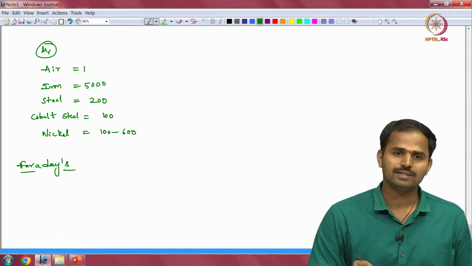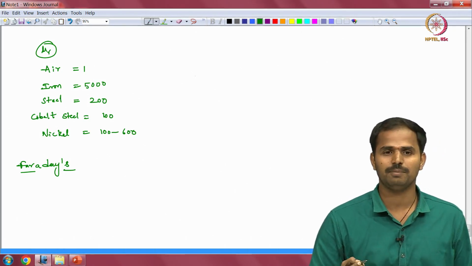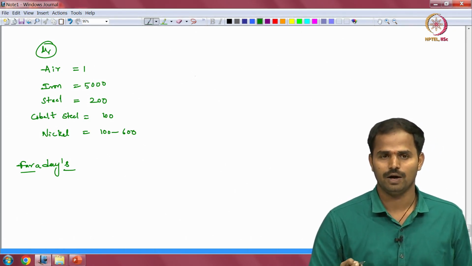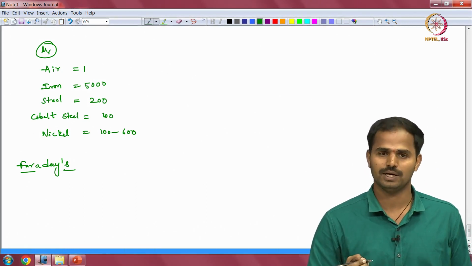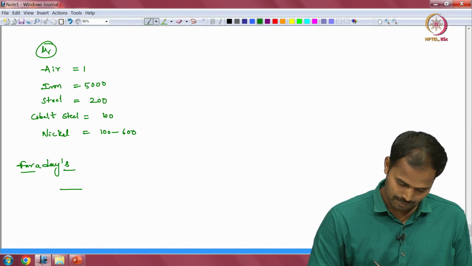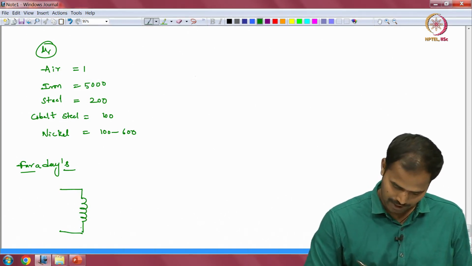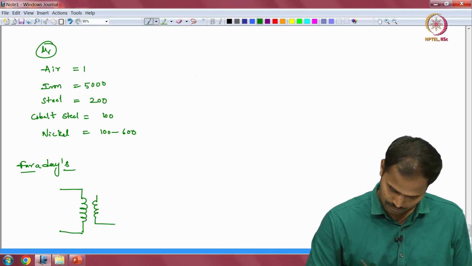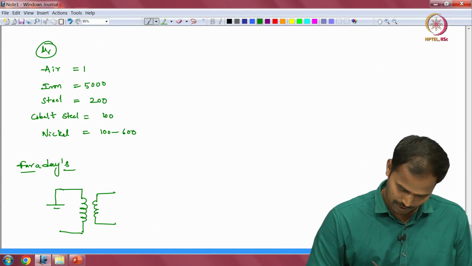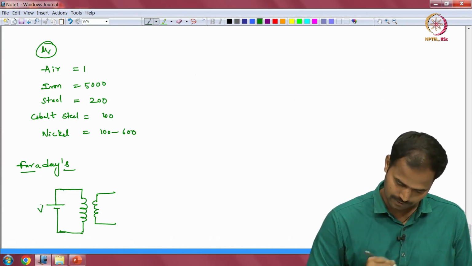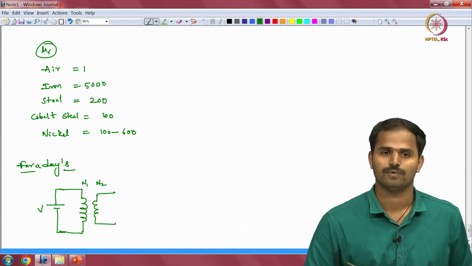the change in flux or change in magnetic field will induce an EMF in a coil, or if it is a closed coil, a current will be induced in the coil. So, we will take a simple example. This is the primary coil, and on the secondary side one more coil is there. I am considering a DC power supply as the source, with number of turns N1 and N2.